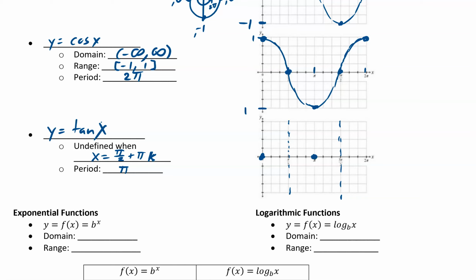And then right in the center, that's when it's 0, because that's when our y value is 0. And so our graph looks like this. It's going to always be down to the first asymptote and then up to the second. And then this repeats over and over again. So it's undefined when x is this. So x cannot equal pi over 2 plus pi k.